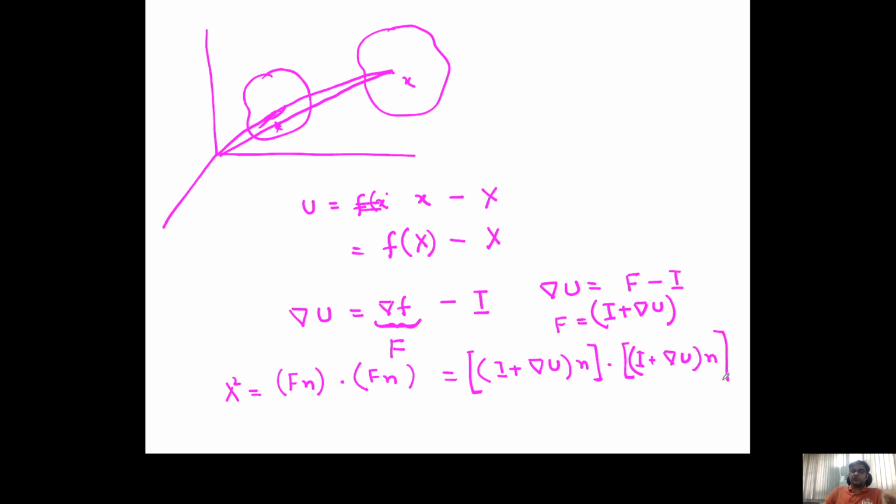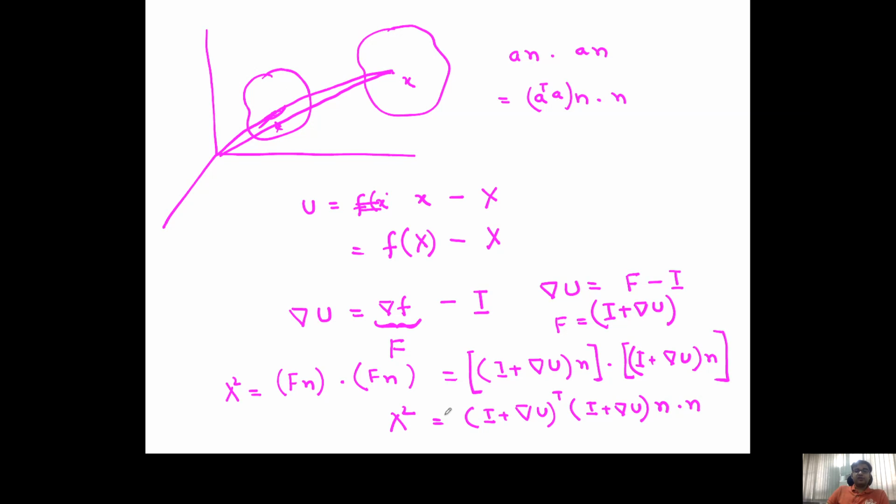So we have something like An dot An. So we can write it, using vector algebra again, as A transpose A n dot n. So this will become I plus gradient of u transpose times I plus gradient of u n dot n. So this is how we can represent it.